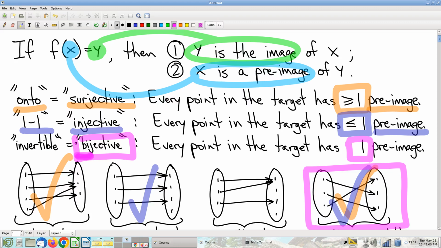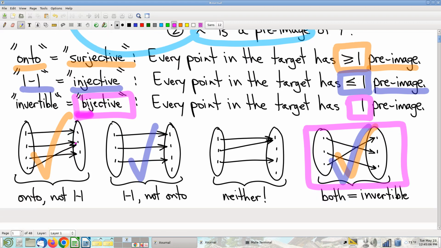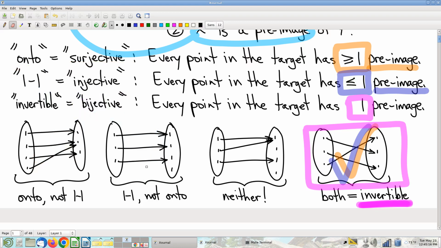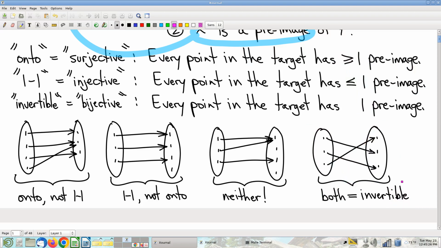And the reason we care about these functions is that when you have both of these properties, the function is invertible. And that's an important algebraic feature that we need to be able to use when it's a thing, and that we need to make sure not to use when it's not a thing. Right? So let me try to explain why such a function is invertible. Of course, you all know what an inverse function is.